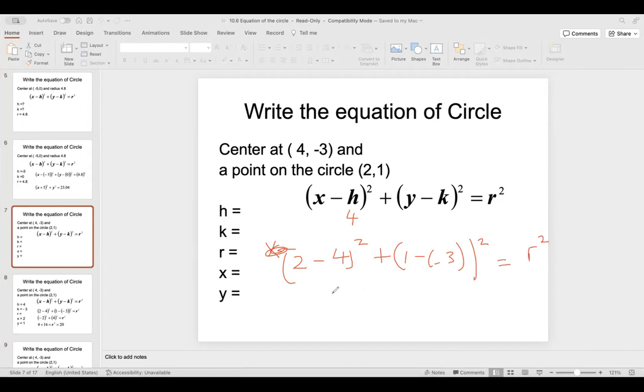So 4 plus 16 equals r squared. R squared will be equal to 20.